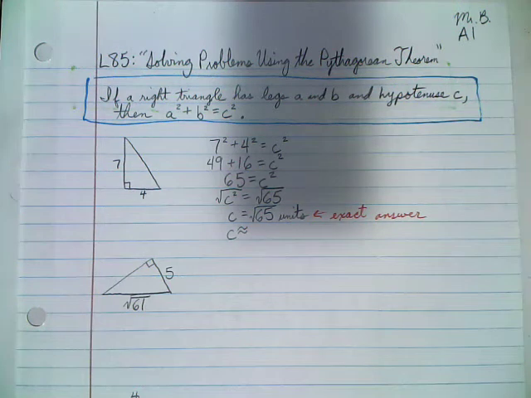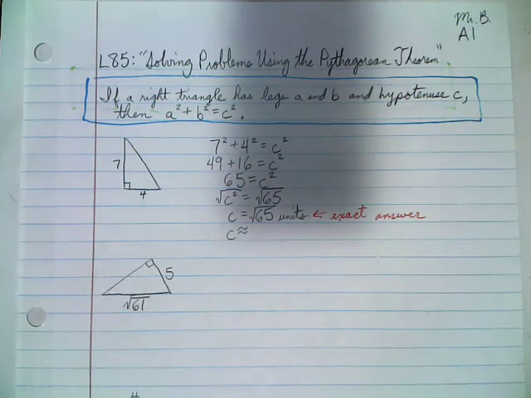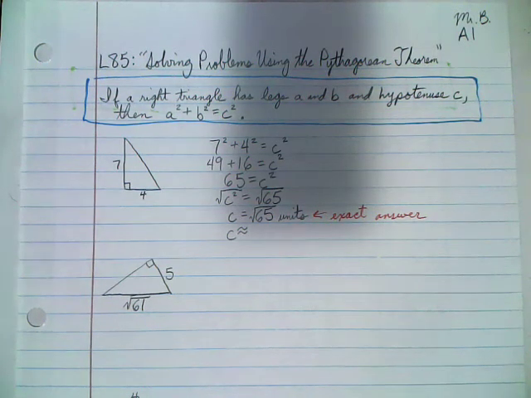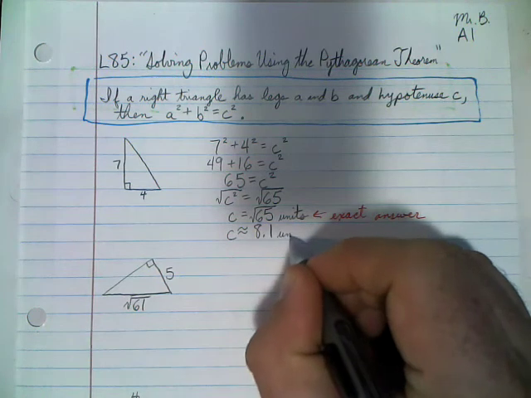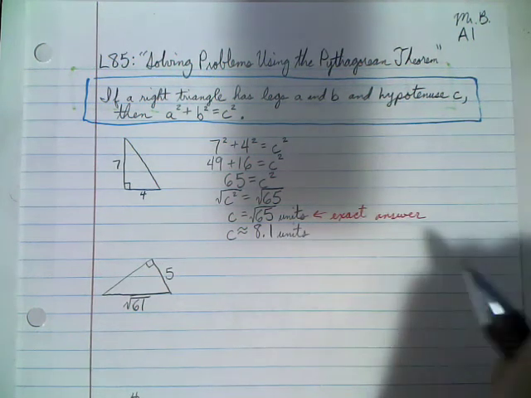And so we're going to round this off. I'm going to round it off to the nearest tenth. Nearest tenth is just one decimal place, so I need to look at 2 decimal places. So 8.06, I'm not going to keep the 6, but the 6 is going to tell me that I should round up. So I'm going to round this up to 8.1 units.